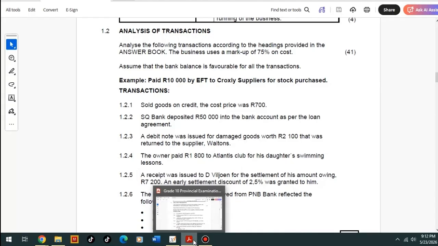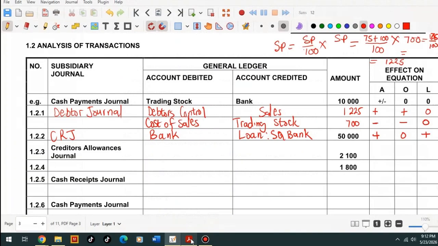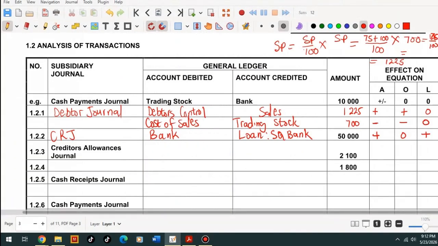So you can't do anything with those damaged stock. The only thing that you can do is return them to the supplier. So to return to the supplier, we record in the creditors allowances journal, and the source document is a debit note.